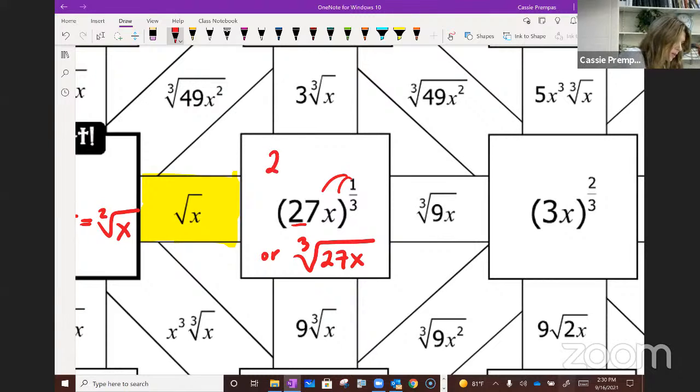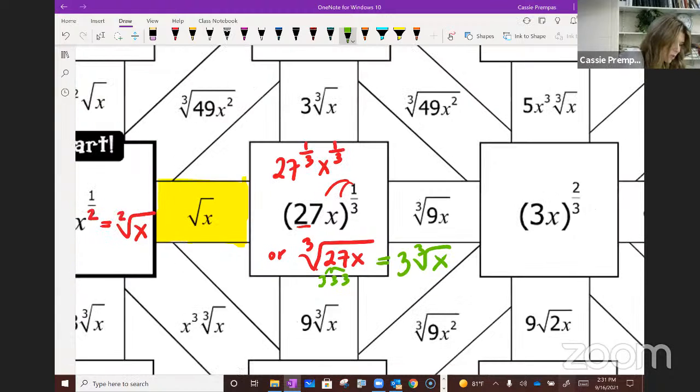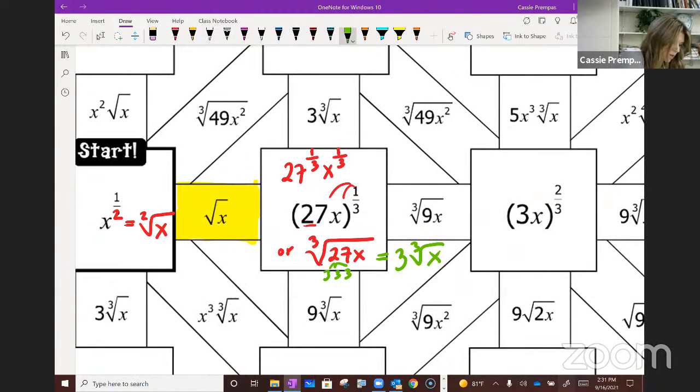So you could have 27 to the 1/3, x to the 1/3, or you could have this. But then we do have to simplify. What is the cubed root of 27? 3, good, because if I factored it, it would be 3 times 3 times 3. So I can take that out, and that would be 3 times the cubed root of x. So then I would have to see which way that matches, up, to the right, or down? Up, so I'm going to go up.